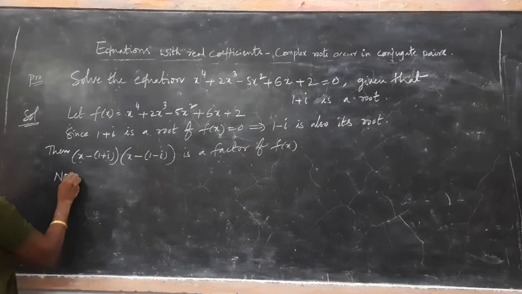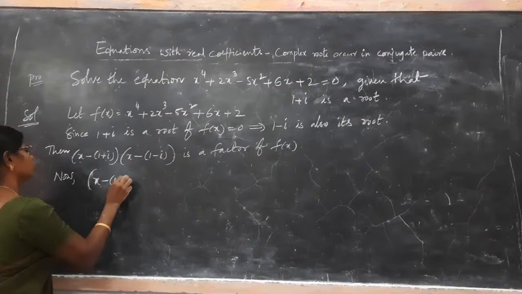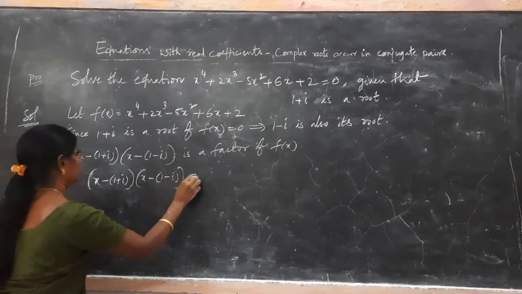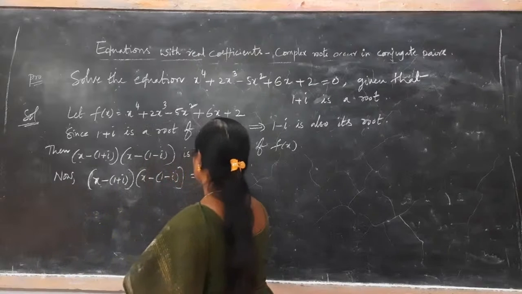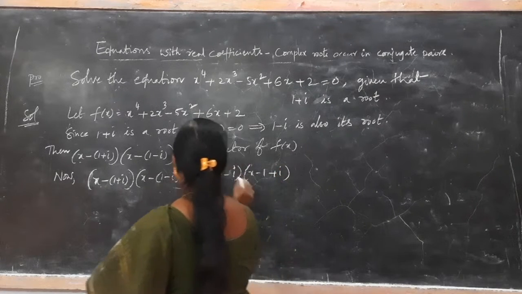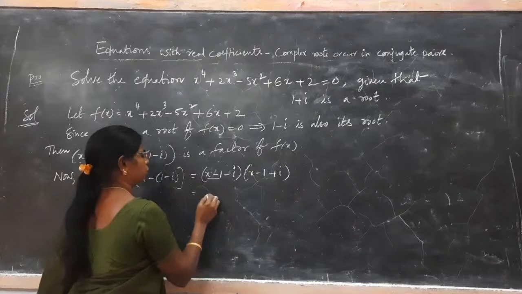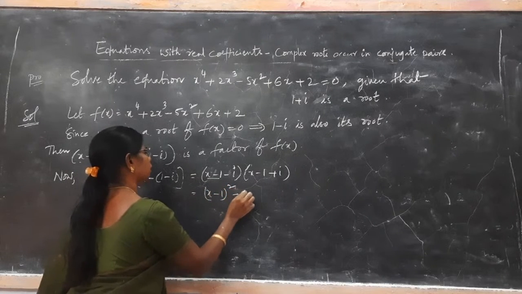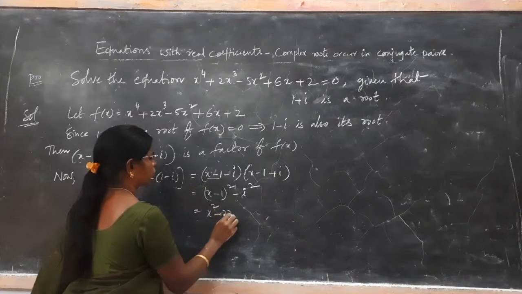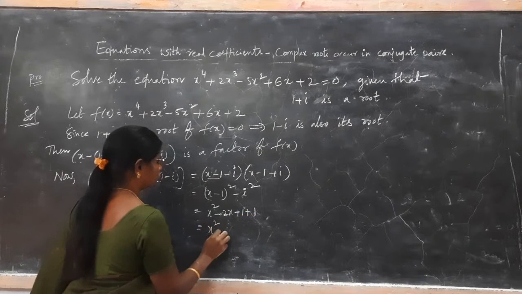Now, very simple. Let me take these factors and simplify. We write x minus 1 minus i times x minus 1 plus i, which is of the form a minus b into a plus b, so a square minus b square. This equals x square minus 2x plus 1, and since i square is minus 1, minus minus gives plus, so plus 2. What is it? x square minus 2x plus 2.